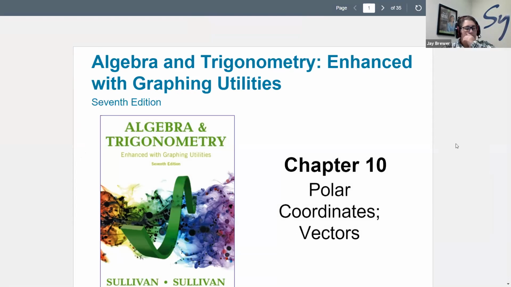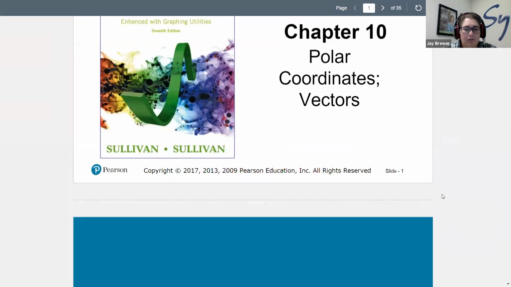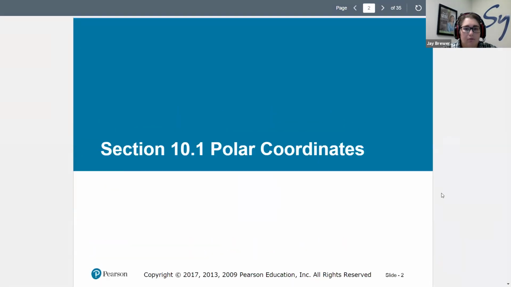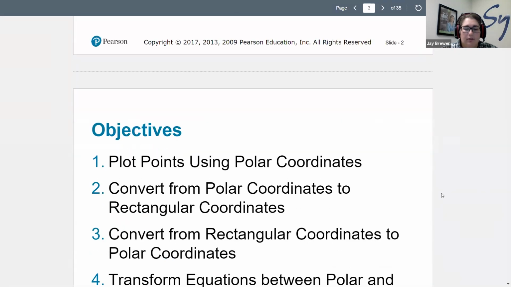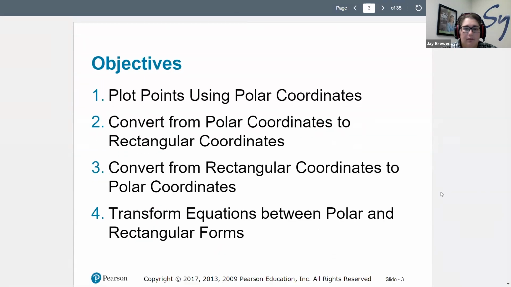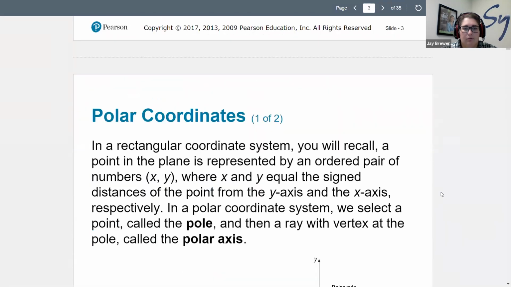Okay, so the next topic we're going to look into is polar coordinates and polar vectors. Polar coordinates, not super hard. They will have a little bit of a different feel for you if you haven't worked with them before.